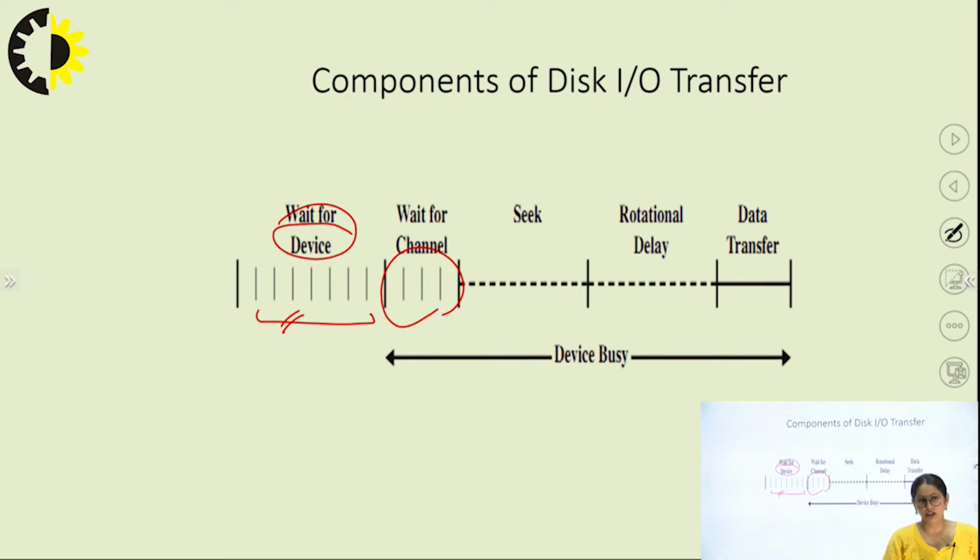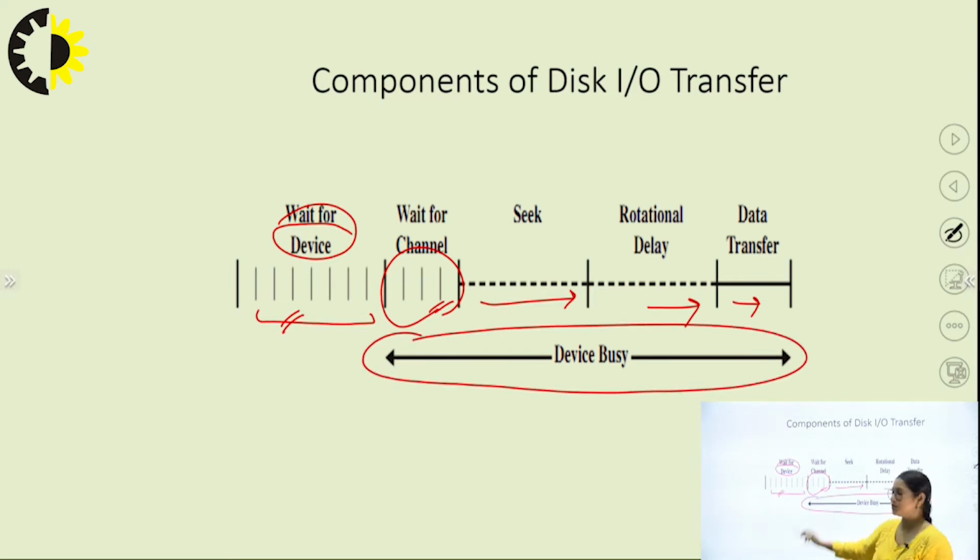Then there is additional waiting time for the channel. Then your seek time, then your rotational latency, and then your data transfer. This happens when your device is being accessed by any user request. So seek time, rotational delay, and data transfer are the three points you are going to have in your device bandwidth.